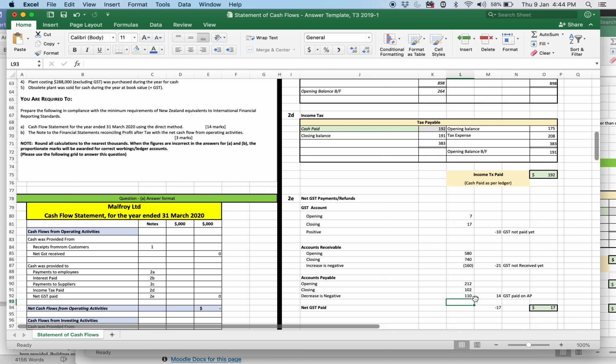Okay, so it's actually decreased by 110. So we've actually received 14,000, and because of those expressed in that changes, we received 14. Okay.